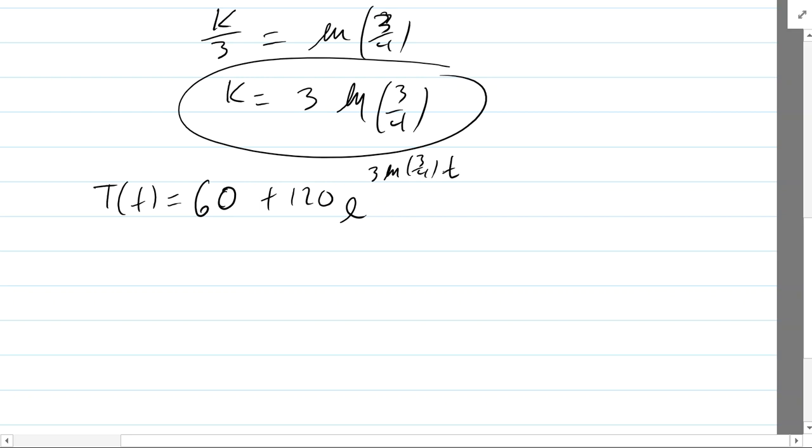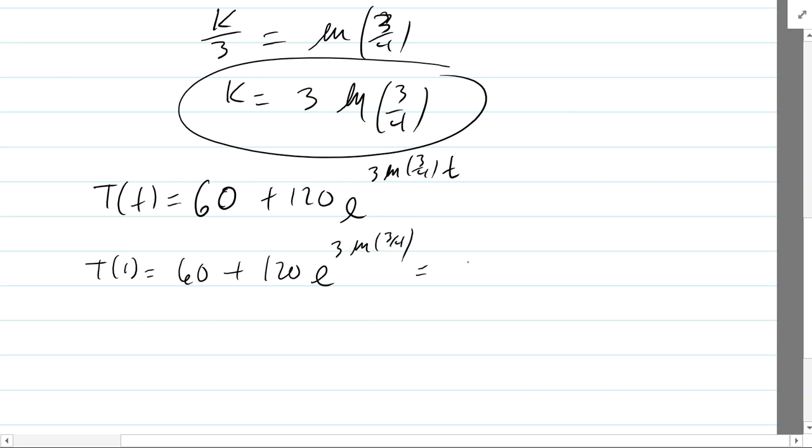They want to know what the temperature is in 1 hour, correct? So I'm just going to put in a 1 there. So temperature in 1 hour is equal to 60 plus 120 e to the 3 natural log of 3/4.